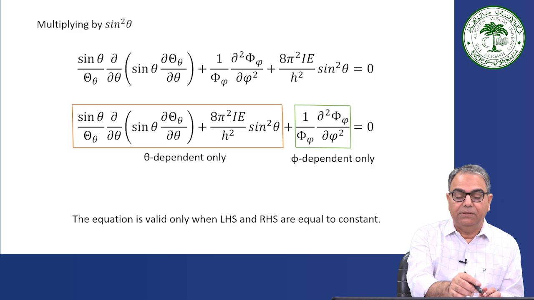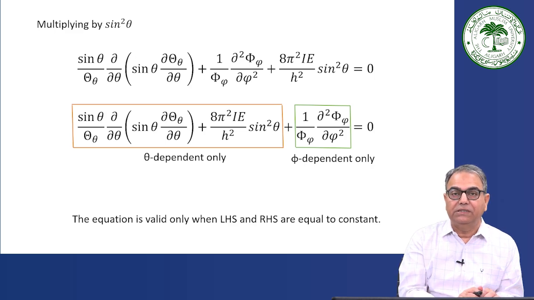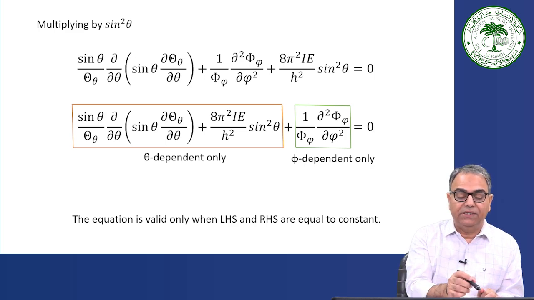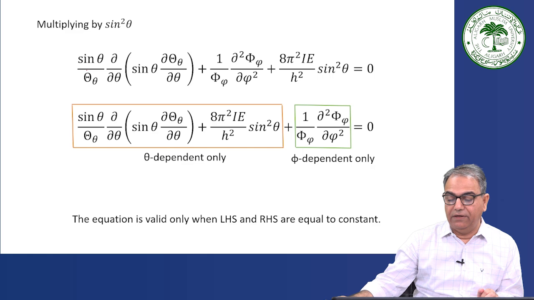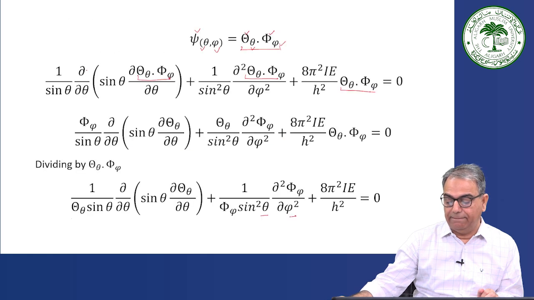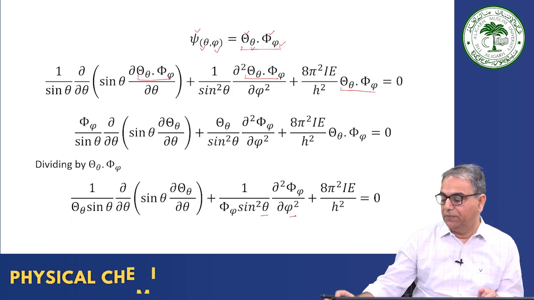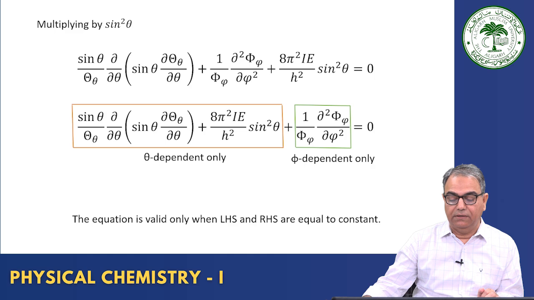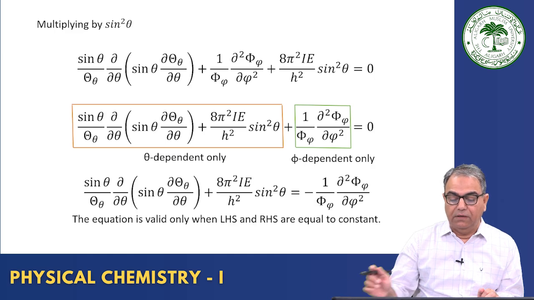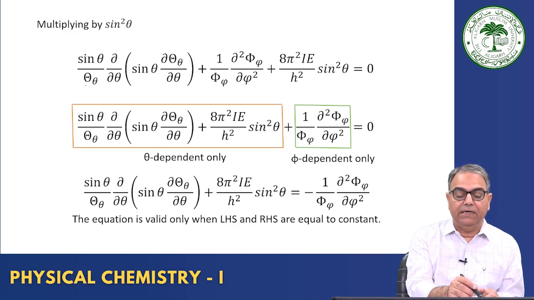You multiply this equation by sin square theta. If you multiply by sin square theta, the sin square theta in the second term will go. What will happen? You will have sin theta, because in the first term there was sin theta in the denominator, so multiplying by sin square theta makes it sin theta.